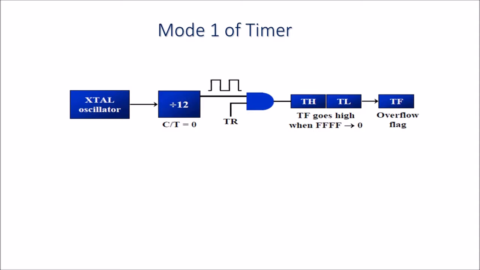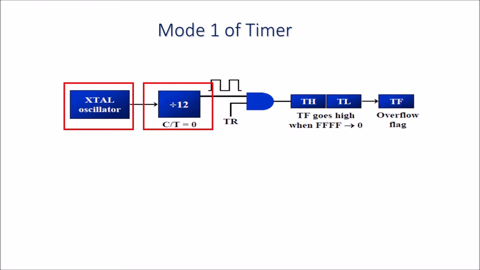Let us understand operation of this timer through this block diagram. The oscillator frequency is divided by 12 when C/T bit of TMOD register is 0. That means timer is used for the operation. So crystal frequency is divided by 12 and then it is connected to this logic gate.